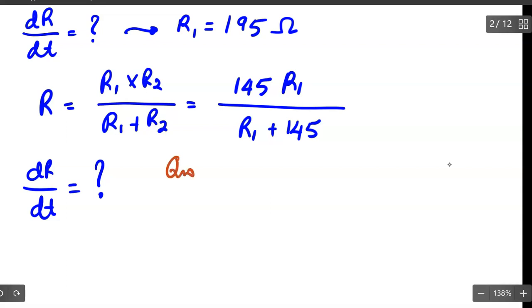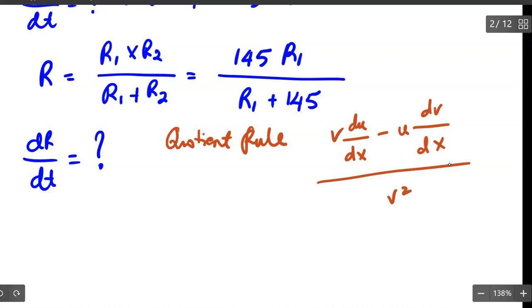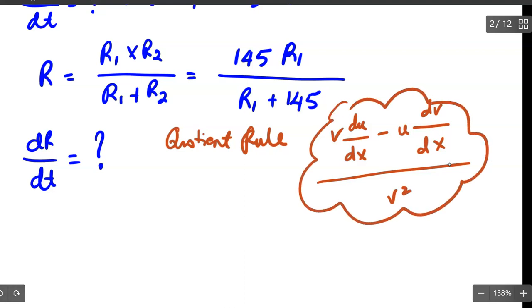The quotient rule is, I'm going to write the result for you here: v du over dx subtract u dv over dx, everything divided by v squared. So that means you are going to identify u and v, and u is always the numerator, v is the denominator. But we need to differentiate all of this in terms of time, right?